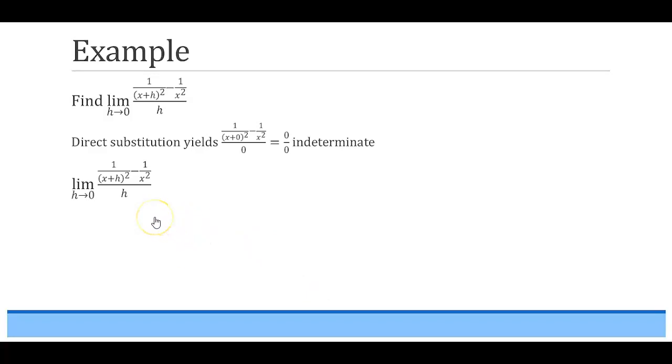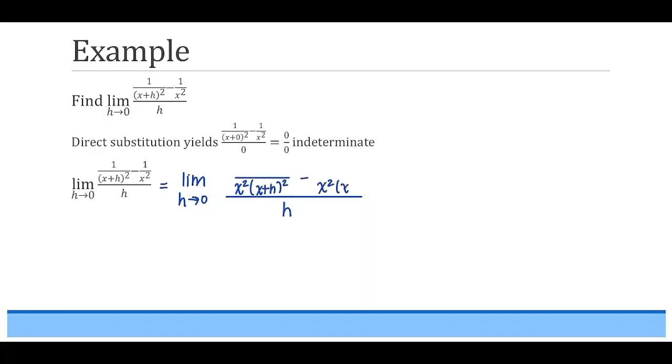So I will start by writing the limit as h approaches 0. And then I'm going to start by writing a big quotient. So I have a fraction bar. In the denominator, I'm going to leave h. That part's fine. In the numerator, 1 over the quantity x plus h squared minus 1 over x squared, the common denominator will be x squared times the quantity x plus h squared. So I'm going to make that the denominator of each of my quotients in the numerator.